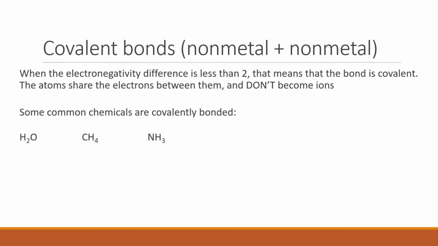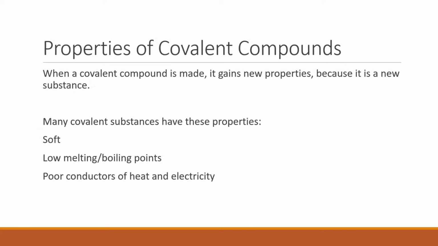Before we get into detail on what we're going to look at for covalent compounds, we are going to take a look at the properties of covalent compounds. Like we had with ionic compounds, anytime a new substance is created, it has an individual set of properties.